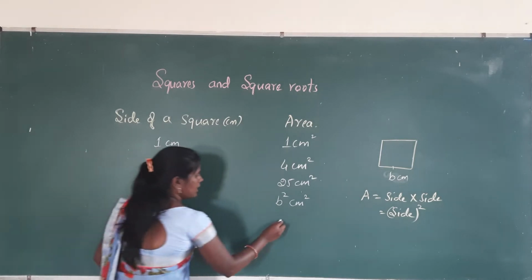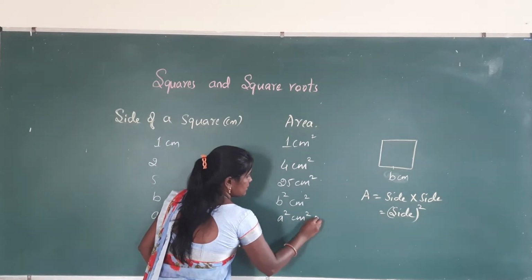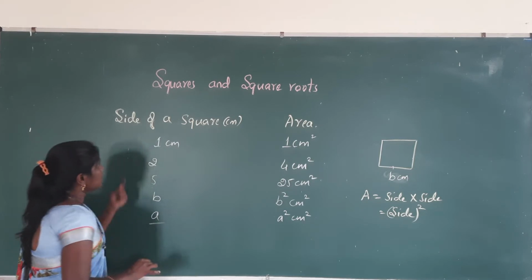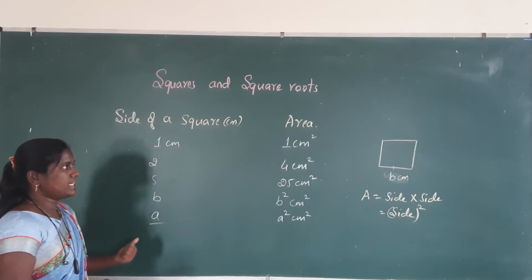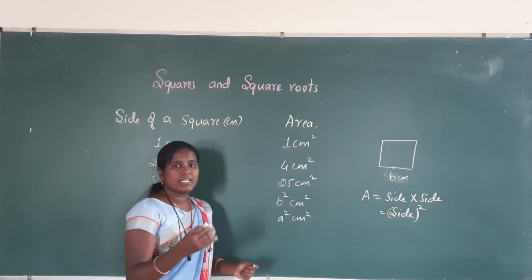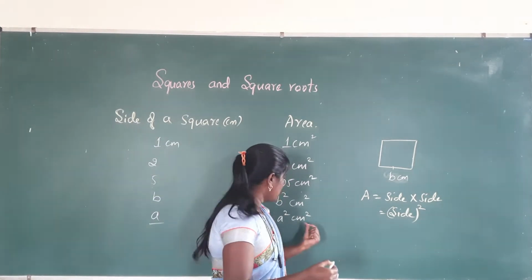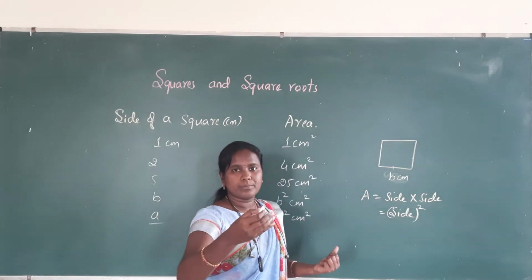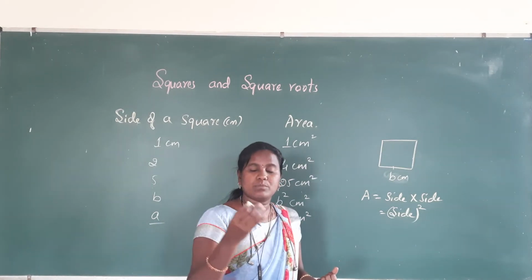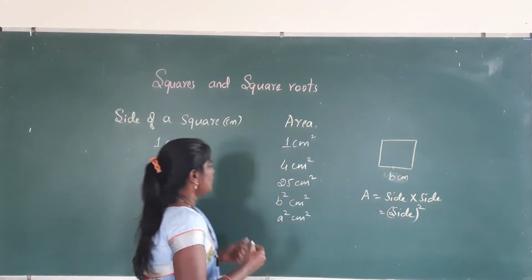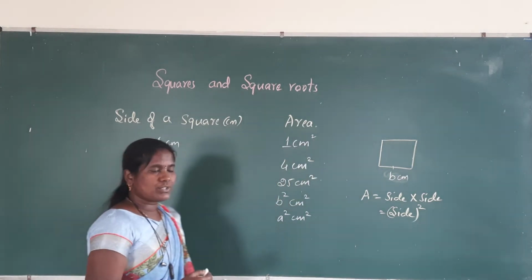Then this is a square centimeter square. If the side of a square is a, then the area will be a square square units. Whichever unit you consider, it is centimeter square or meter square. It will be square units. All these we will learn in mensuration.